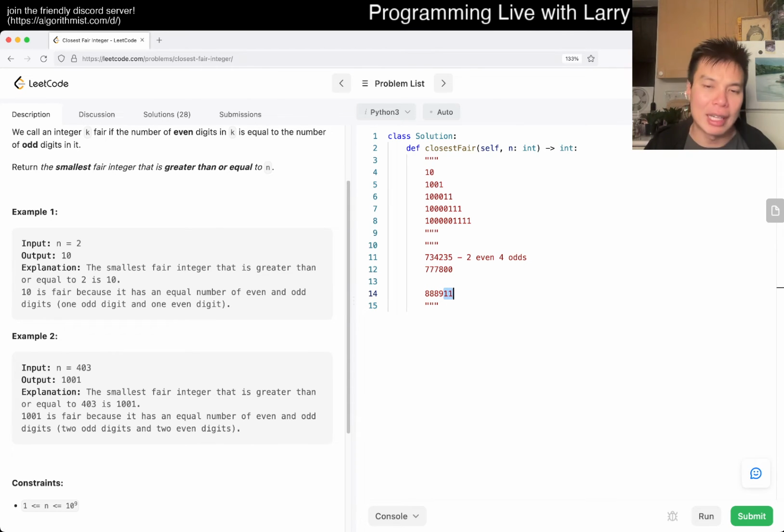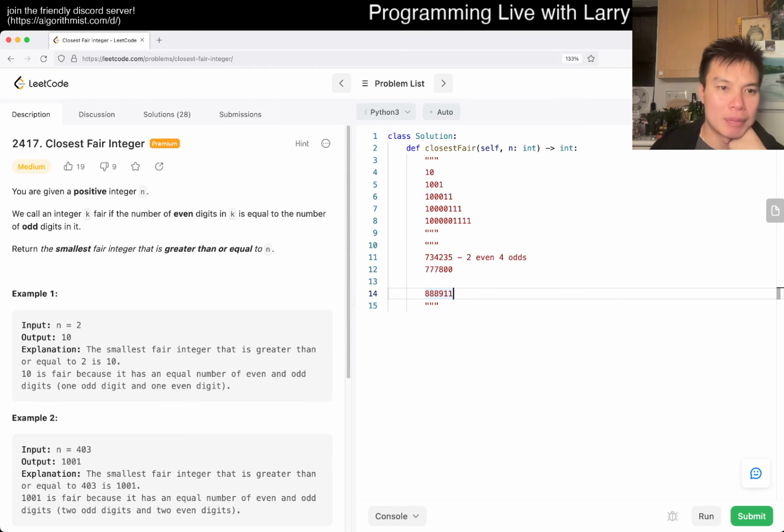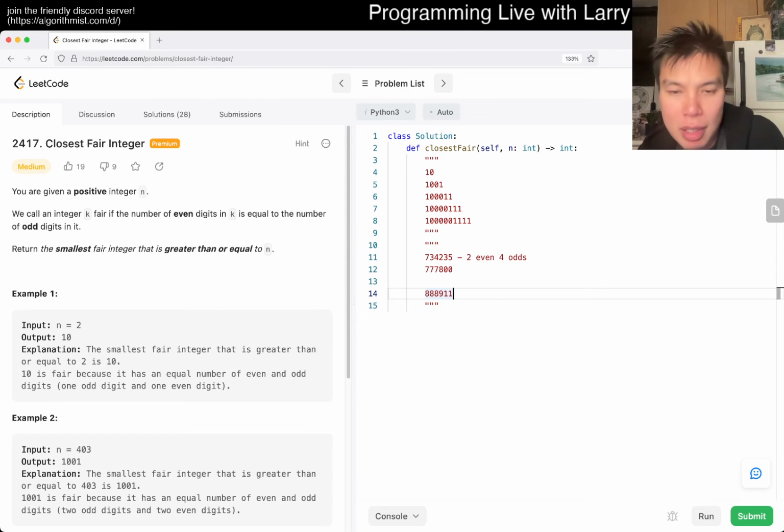I feel like I see a heuristic, but basically what you always want to do is move stuff from the back.